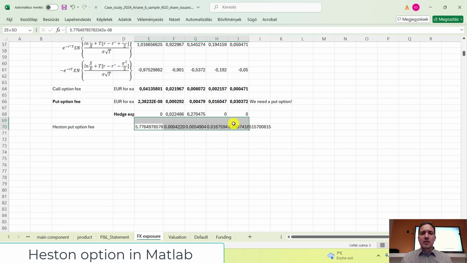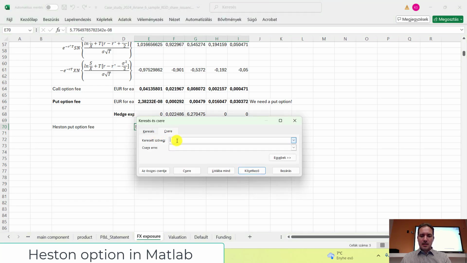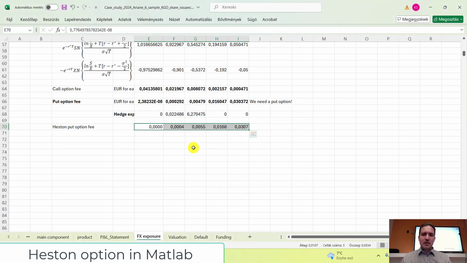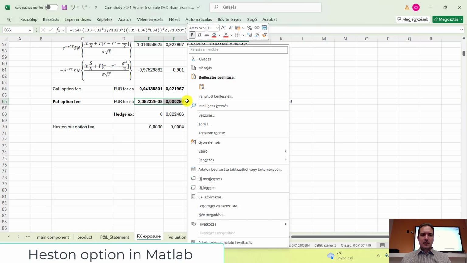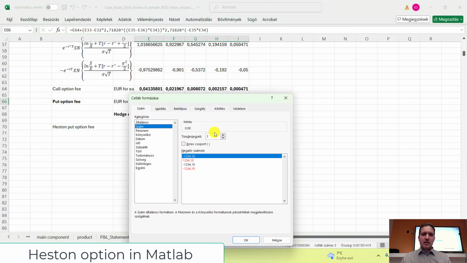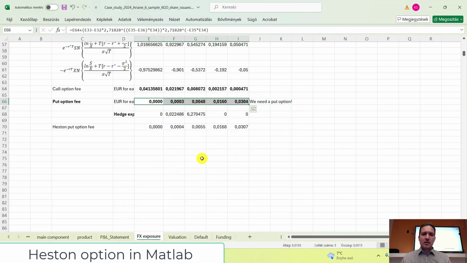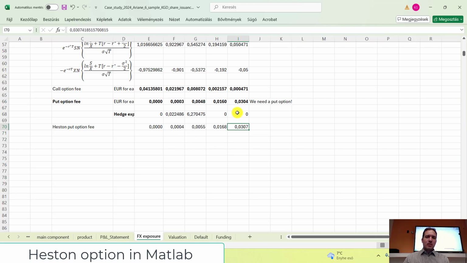Oh, cannot say, because right now these are decimal points instead of decimal commas. Here I can also change it to have nicer formatting. So what you can see is that yes, they are more expensive. Not much, but a bit more expensive.